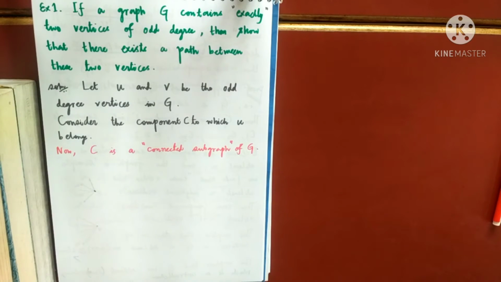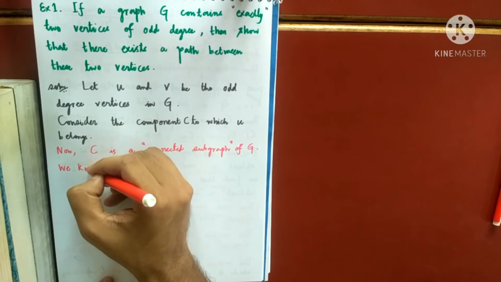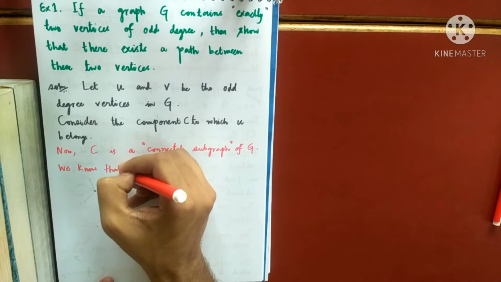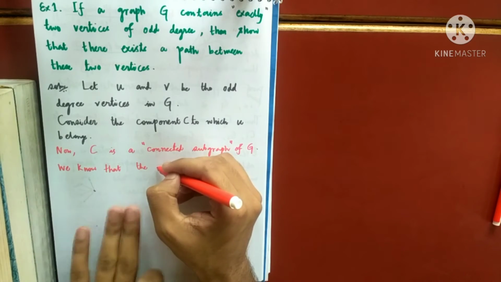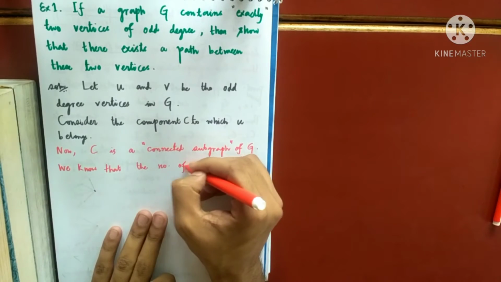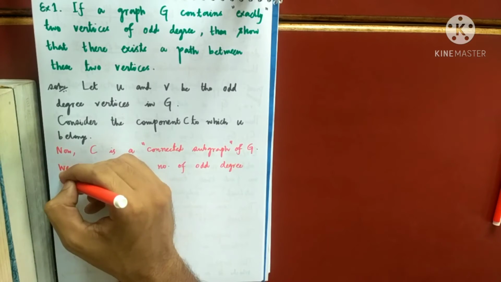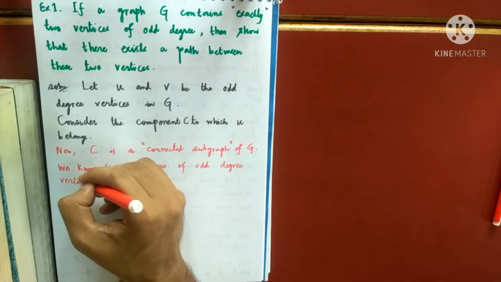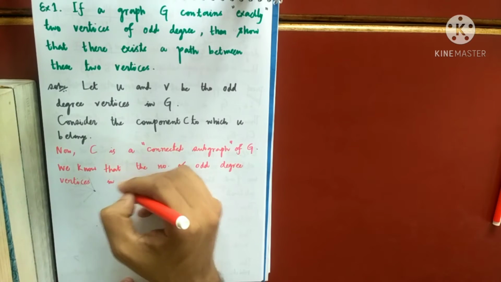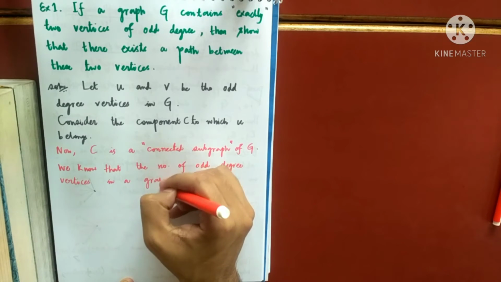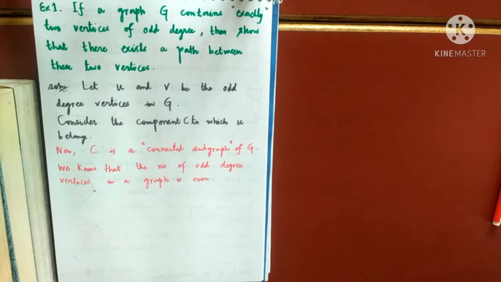You see how? We know that the number of odd degree vertices in a graph is even. We know this fact.